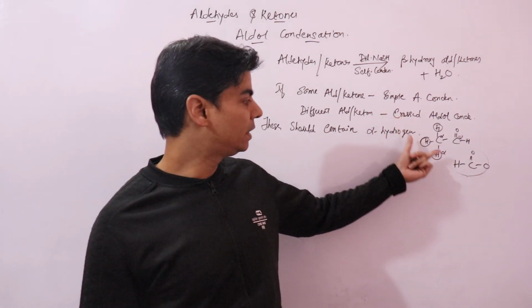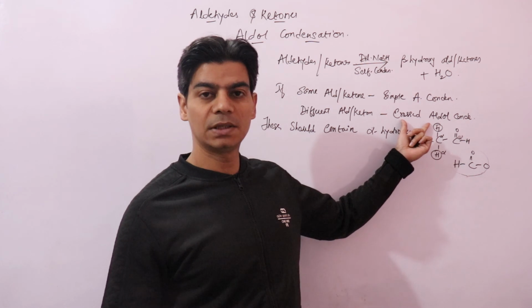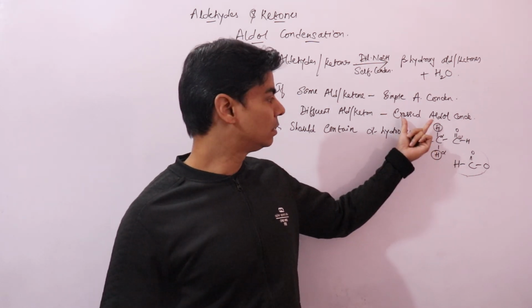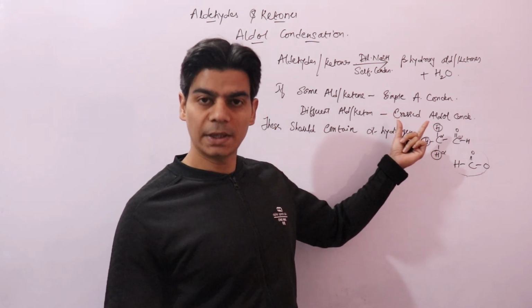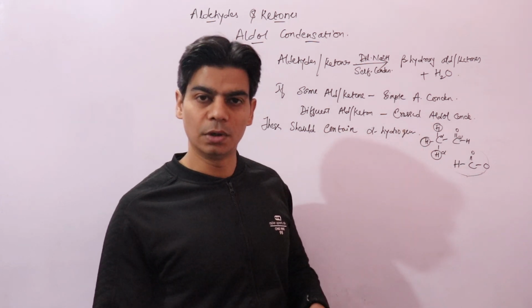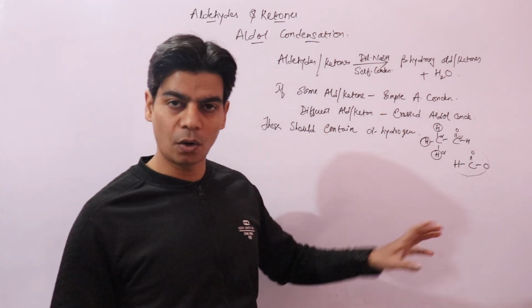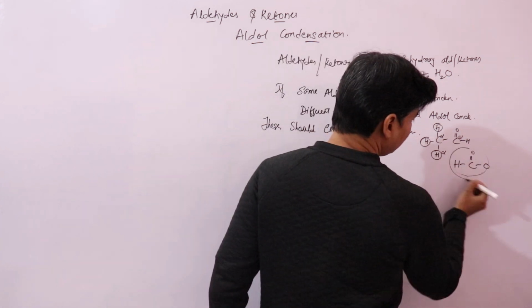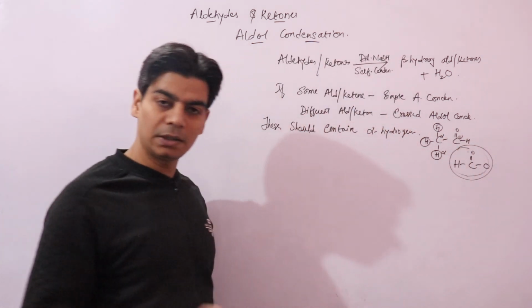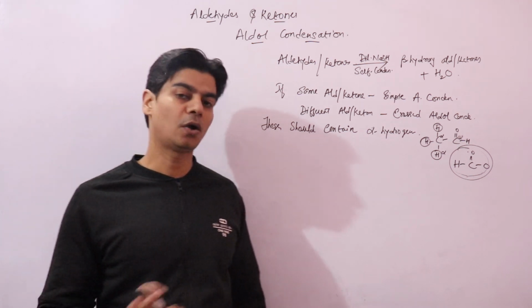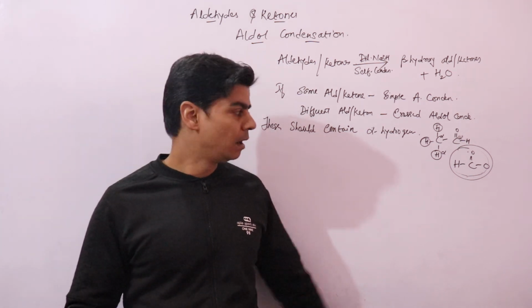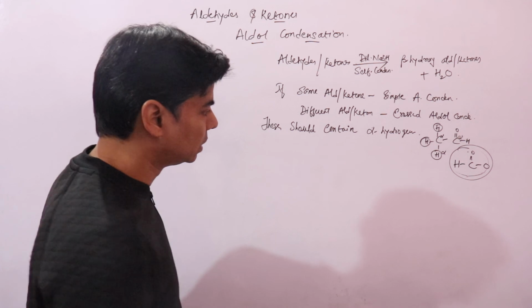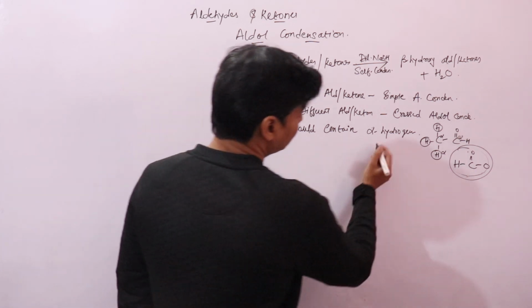And it makes your crossed aldol condensation useful. It makes it a better reaction. How it does that, we'll see in the reaction. So normally this formaldehyde that does not contain alpha hydrogens will not undergo aldol condensation, but it can take part in crossed aldol condensation.